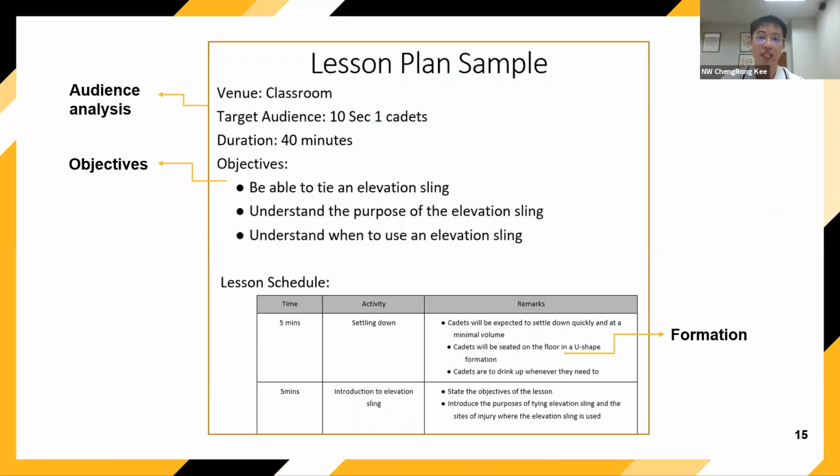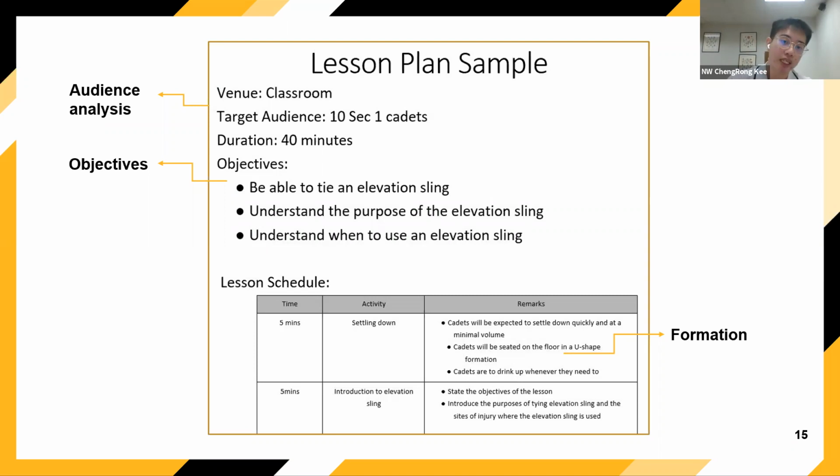So here's an example of a lesson plan sample. What makes up a lesson plan includes the venue, target audience, duration, objectives, as well as a lesson schedule. These are things that must be written down in a lesson plan. The lesson schedule has three components: time, activity, as well as remarks. Let me go through the first one, which is activity.